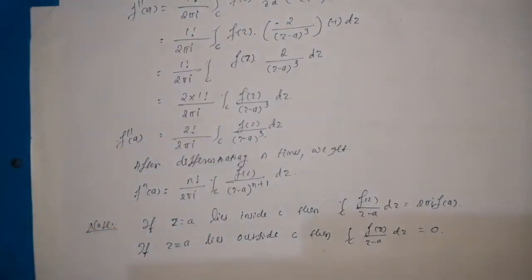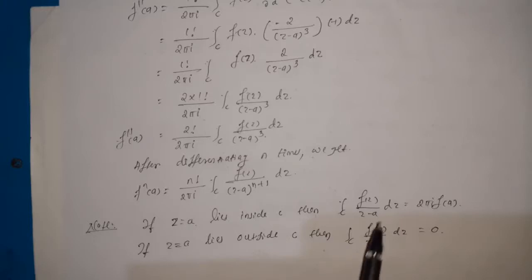So here, whenever the point a lies within the given curve, then we can define its value as 2 pi i into f of a. If the point a lies outside C, then the value of the integral is 0, because we don't have the point a within C, so we cannot evaluate the value of that function at that point a.